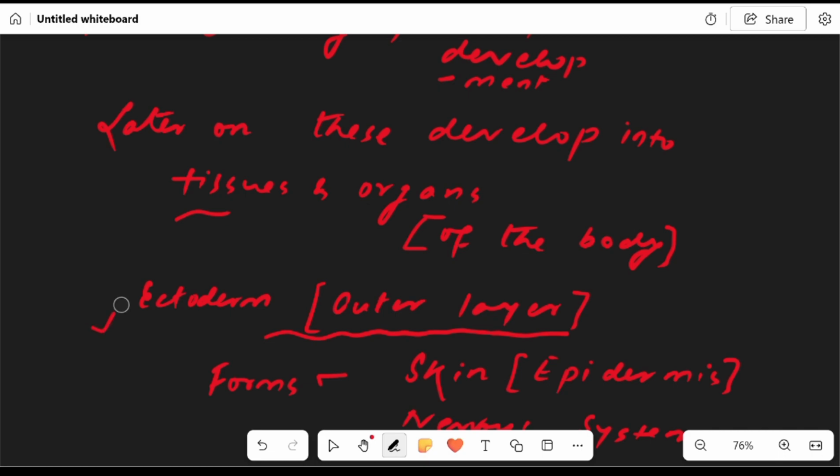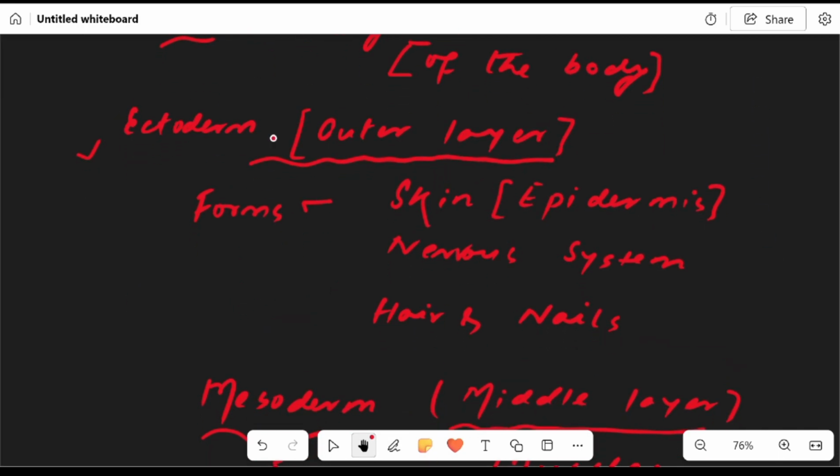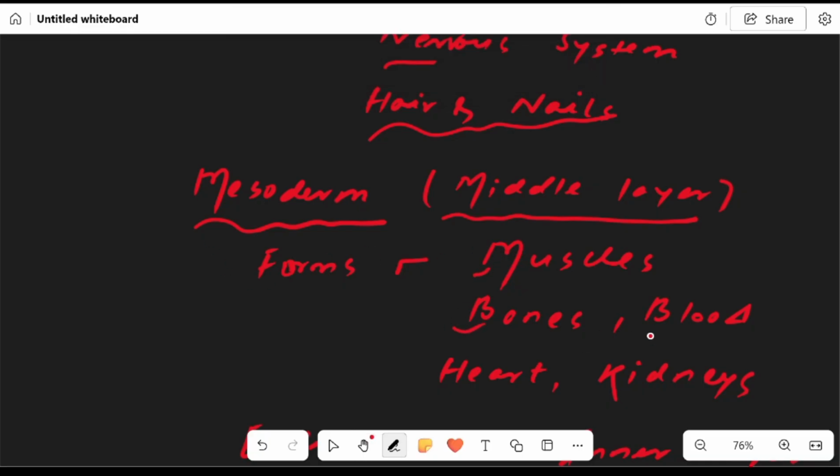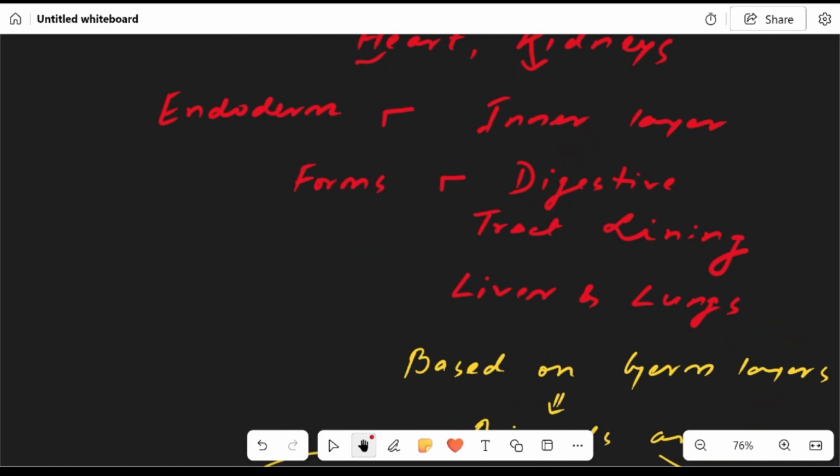The outer layer, ectoderm, forms the skin, epidermis, nervous system, hair and nails. Then the mesoderm, the middle layer, forms muscles, bones, blood, heart and kidneys. And the innermost layer, the endoderm, forms the digestive tract lining, liver and lungs.